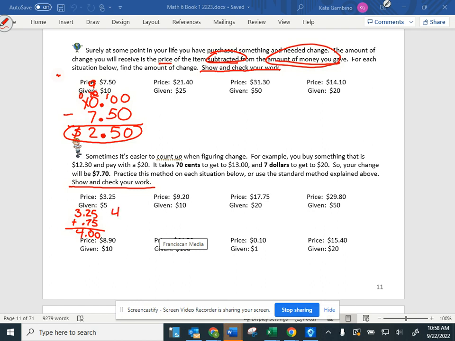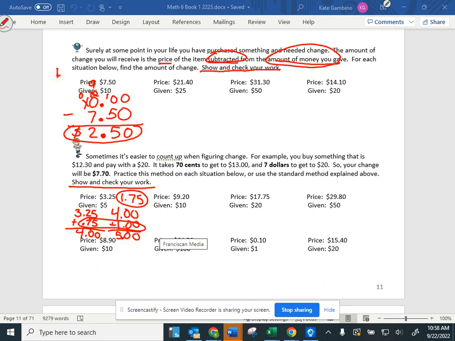And then $4 plus $1 equals $5. So I know that it's $1.75. For my brain, that's more complicated. But my brain is not all of your brains. You guys come up with way better stuff than me sometimes. So if that's the way that works for you, do the counting up method.